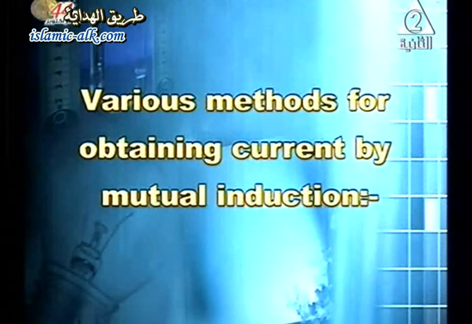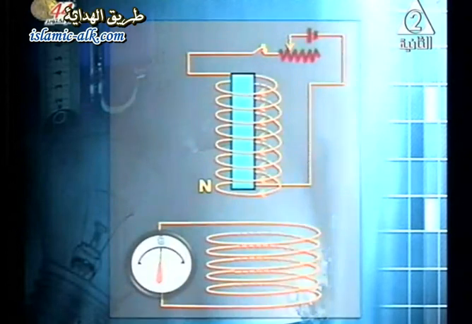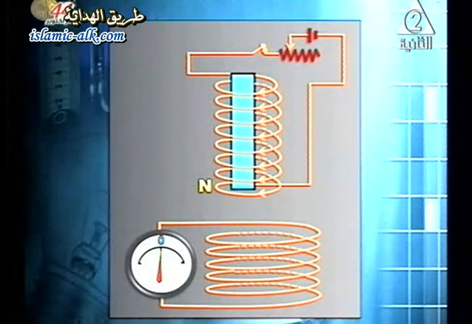Now talking about the various ways for obtaining current by mutual induction. In front of you we've got two circuits, one which is the primary circuit, which consists of a battery, switch, rheostat, and a coil. And inside the coil there is a soft iron core, okay?